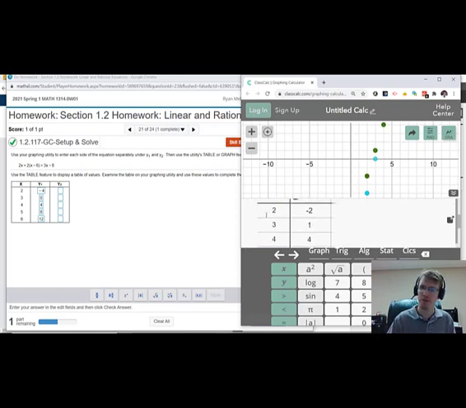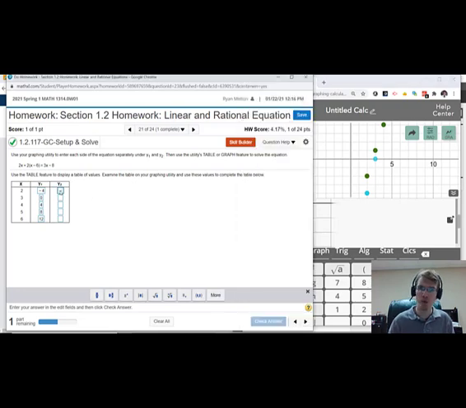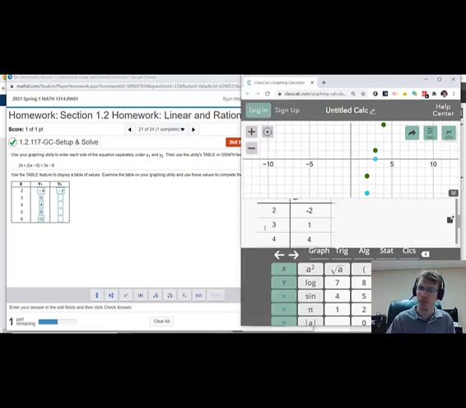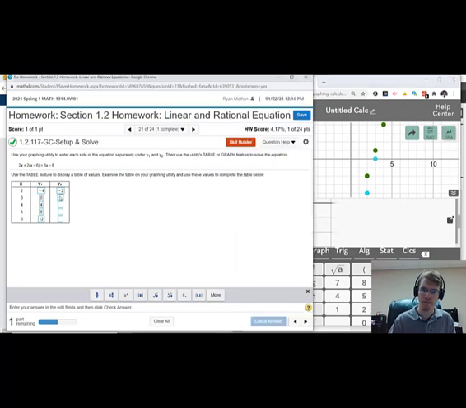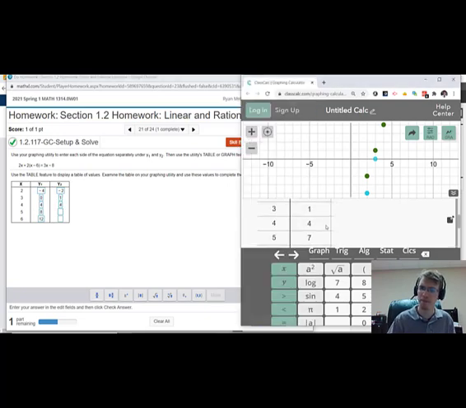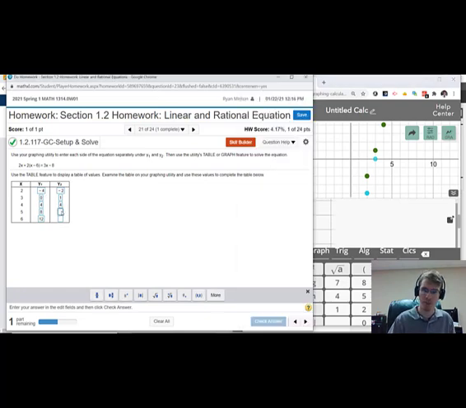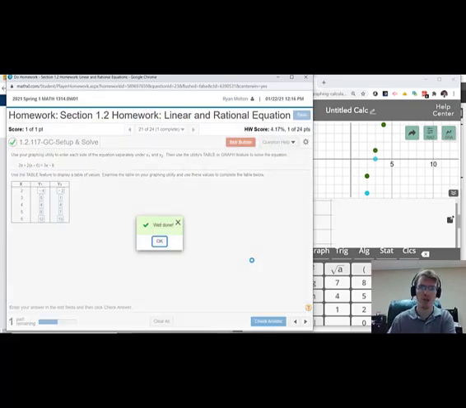So here we are. When it's 2, we have -2. When x is 3, that's 1. When x is 4, that is 4. X is 5, y2 is 7, and then we have 10 for the last one. Check my answer. That is correct.